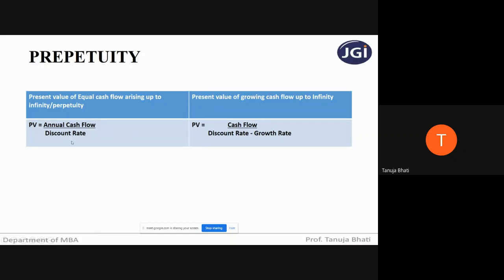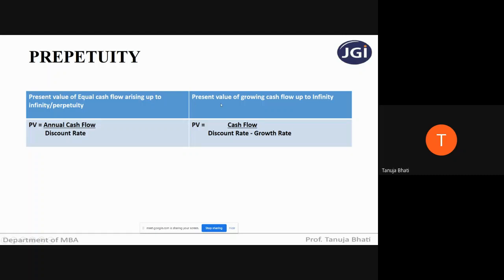Because here n is not specified. Perpetuity means till infinity. We don't know what is n. We don't know up to which period we will be receiving the cash flows or making the payment of cash flows. So for the present value of equal cash flow arising up to infinity, or perpetuity, the formula is very simple: present value is equal to annual cash flow divided by discount rate.